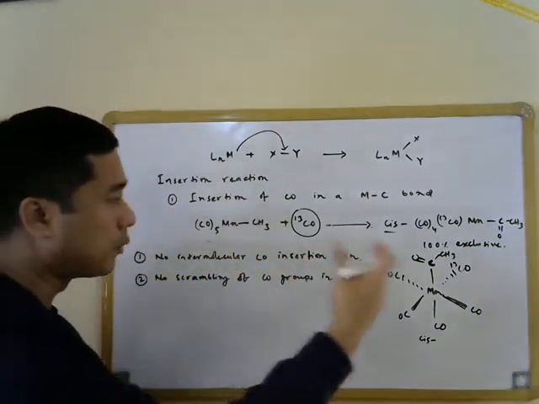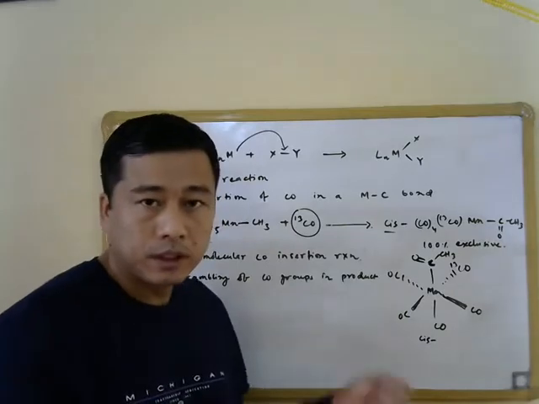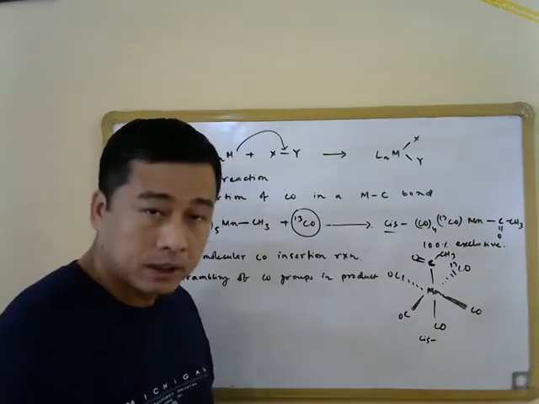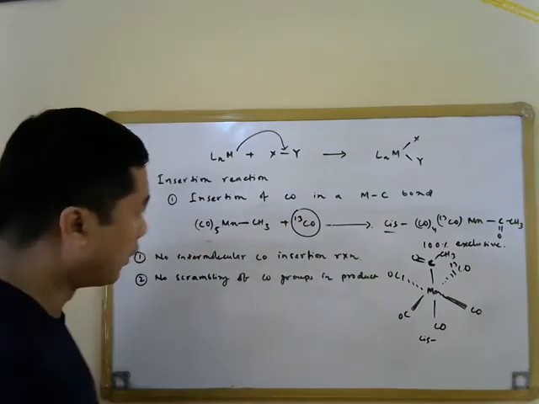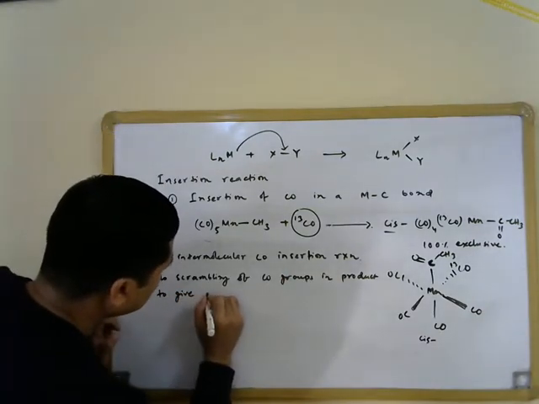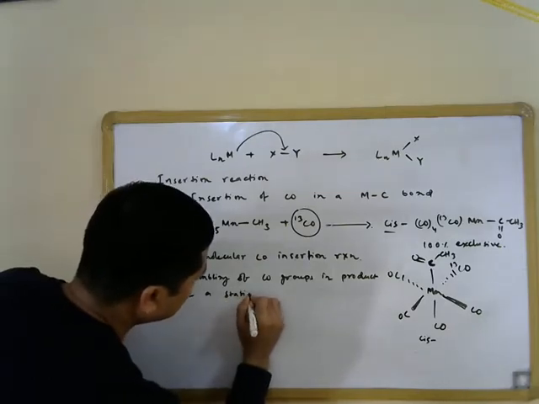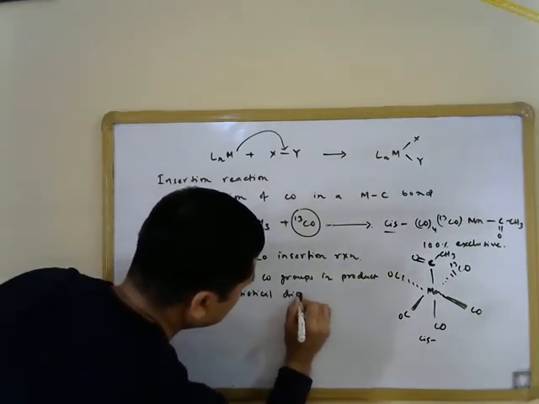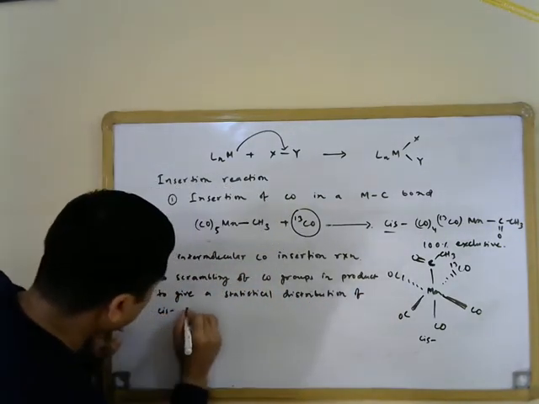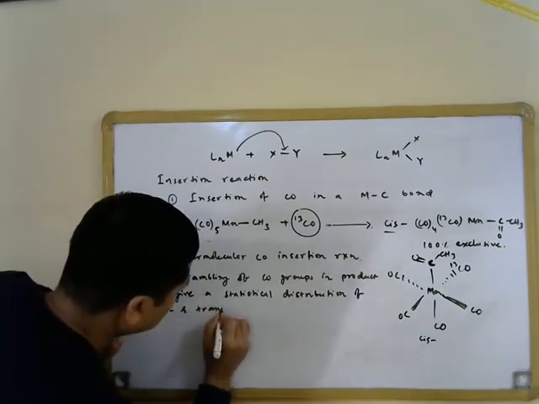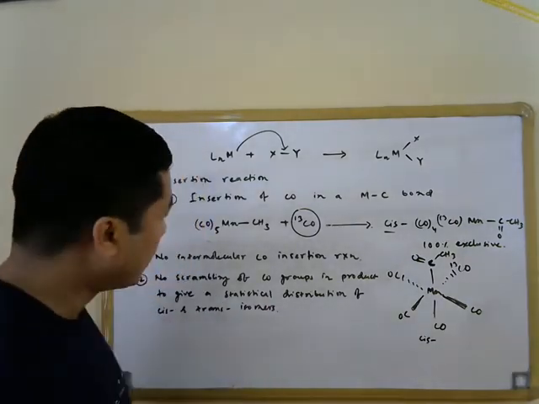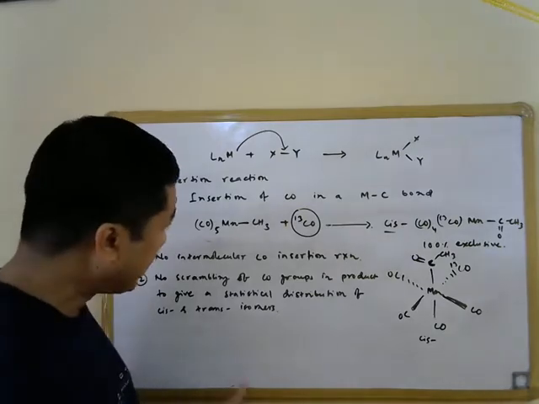Once the metal to carbonyl bonds are formed, they are stable, they do not break down and then reform, so that a statistical distribution of both cis and trans can form. So no scrambling of CO groups in the product to give cis and trans isomers. So this gives a lot of important mechanistic detail about this reaction.